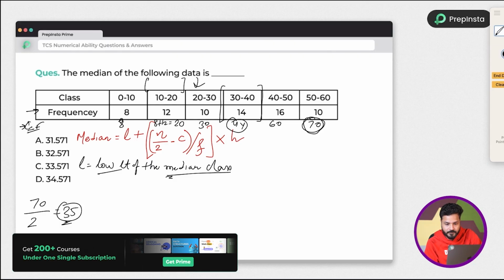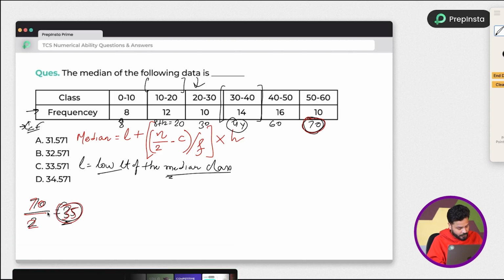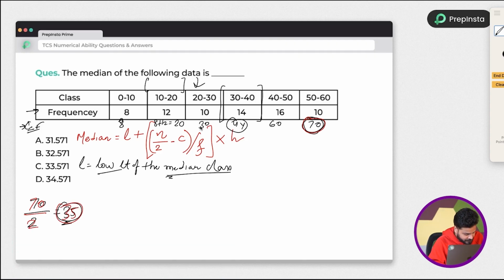Okay, let me use a different color pen. The total number of elements was 70, so I divided 70 by 2 and got 35. Where does this 35 lie? Till here it's 30, and then it's 60. So the 35th element lies in this class. This is my median class.